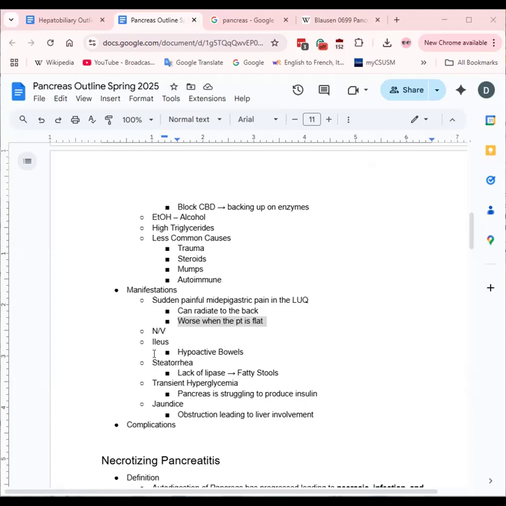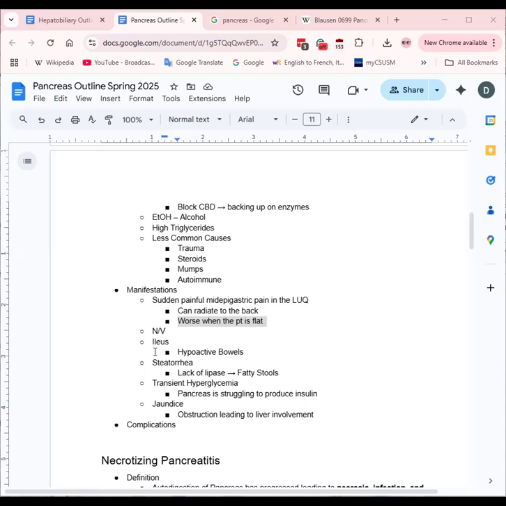Because this is a GI kind of thing, you can cluster that with nausea and vomiting. So your nausea and vomiting are here. This person is going to need to be NPO, not only because they're leaking too many pancreatic enzymes, which is painful.